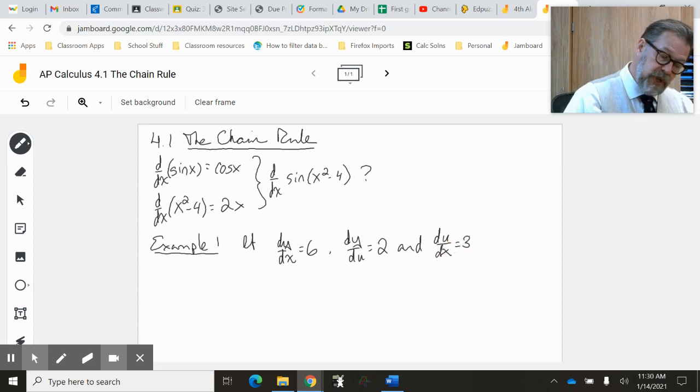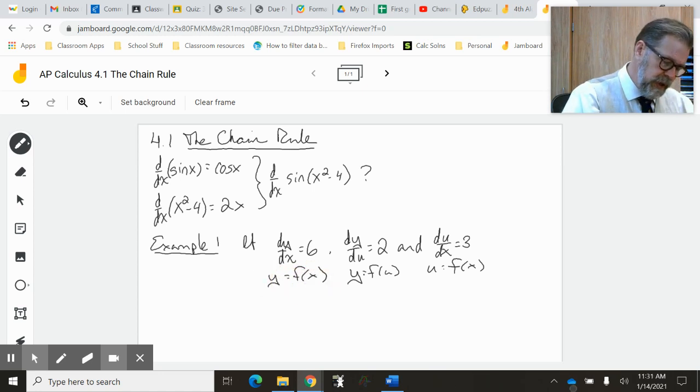Notice that y is a function of u, and u is some function of x. So what's the relationship between y and x?